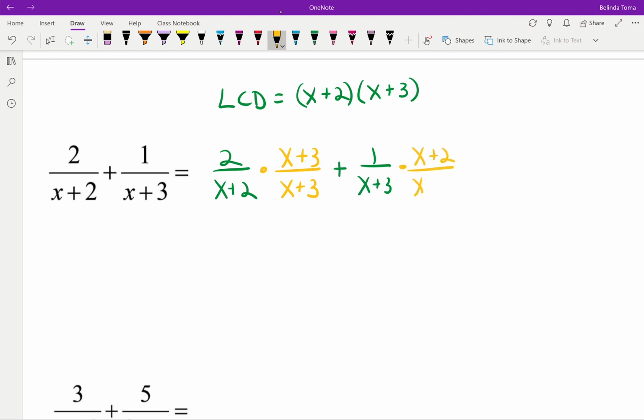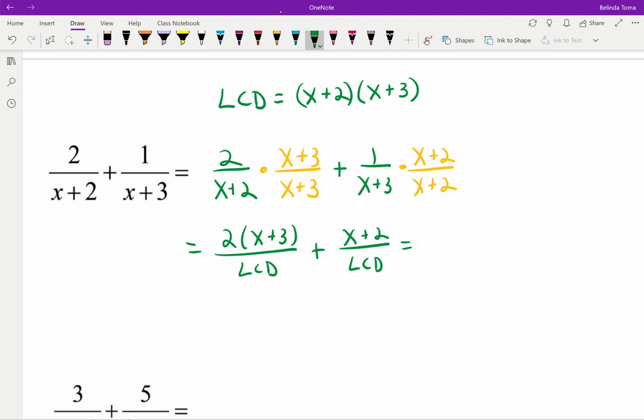So we'll multiply both the numerator and the denominator by what's missing. That will lead us to, again, distribute here. And I'm going to, as a shortcut, sometimes write LCD for the quantity of x plus 2 times the quantity of x plus 3. And here, because it's a 1, I don't have to distribute, so that makes it easier.